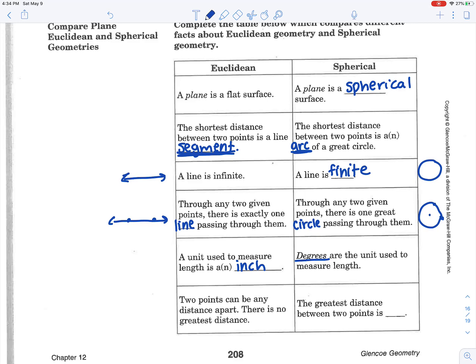Whereas degrees would be what we measure in spherical geometry because we're talking about circles. Two points can be any distance apart because lines go on forever. We can go as far as we want apart. But if we're talking about a circle, the farthest distance you can be away would be 180 degrees. Otherwise, you're moving closer and closer either direction you go.